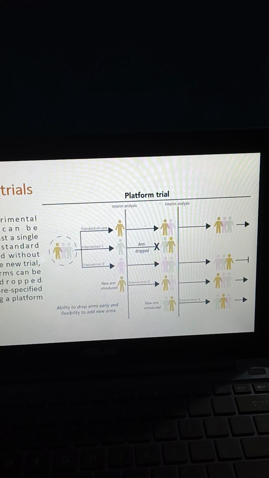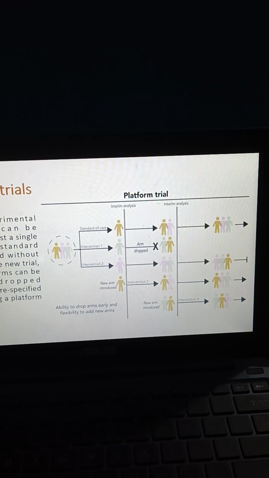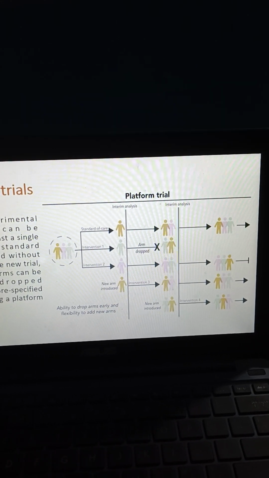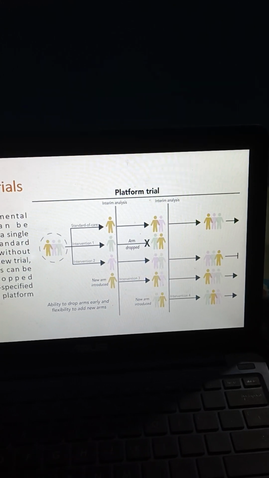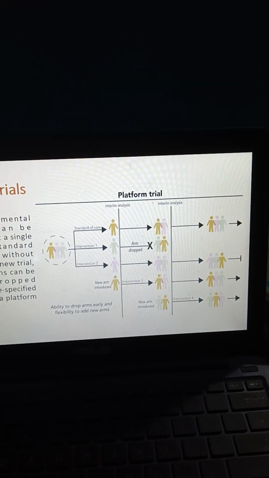At that time also a new arm introduced. Then all the outcomes will be analyzed.